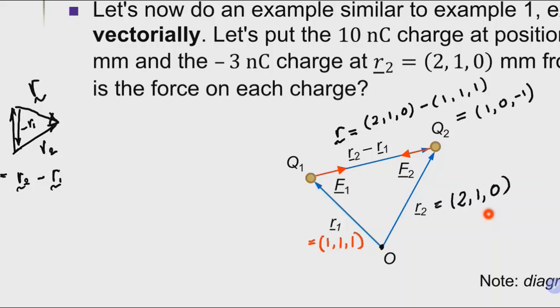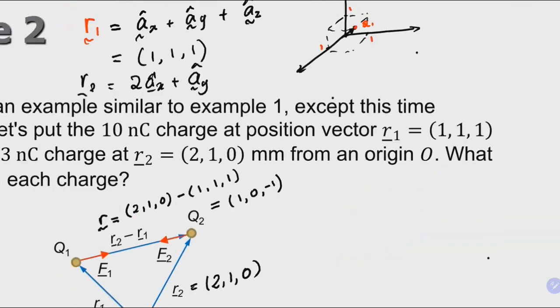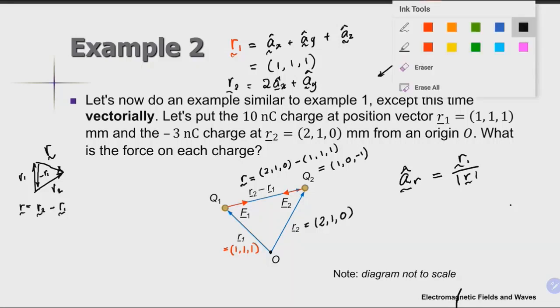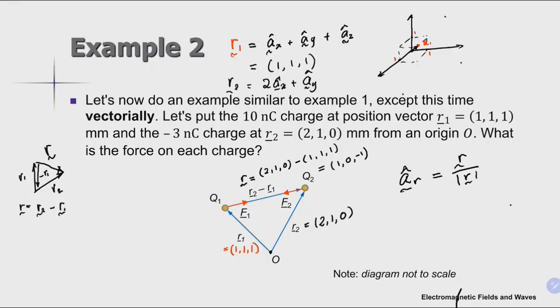And that will be my vector R. Okay, so I know my vector R. I can work out my unit vector R. And then you can apply it to Coulomb's law, the vector form of Coulomb's law.